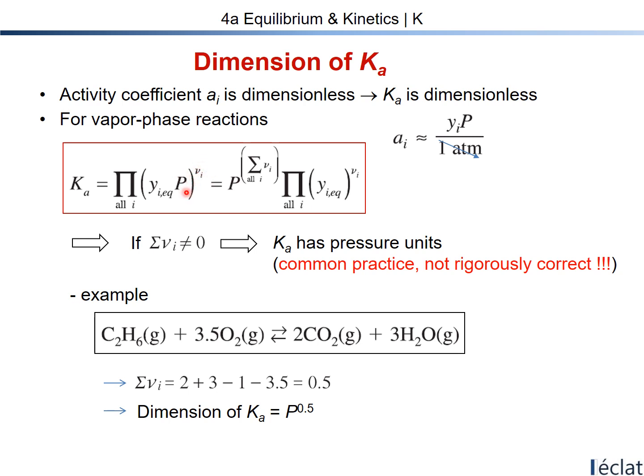P is the total pressure, and then we can get the total pressure P out of the product operator, because P is constant for all species I. Then P has the summation of the stoichiometric coefficient, so P to the summation of the stoichiometric coefficient nu I. So if this value is not 0, then the chemical equilibrium constant should have a unit, maybe pressure unit.